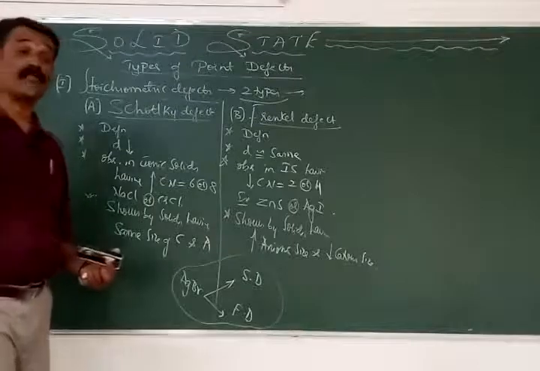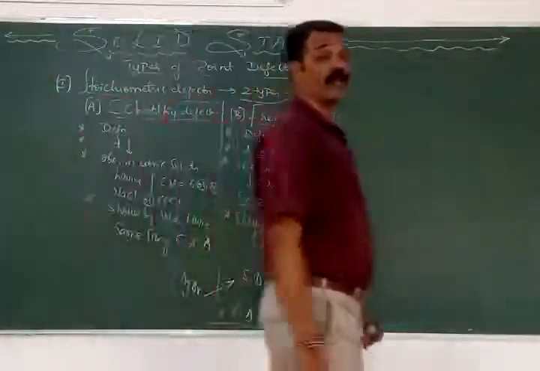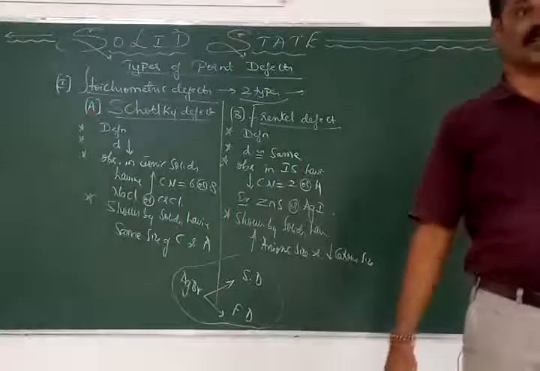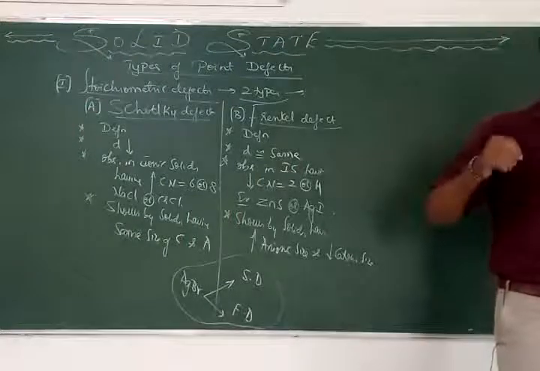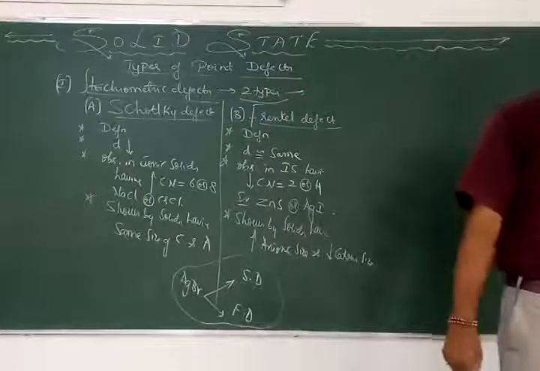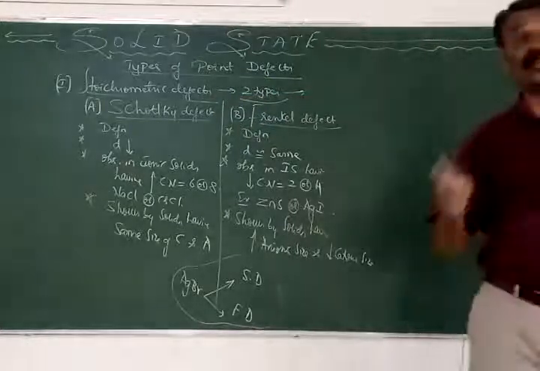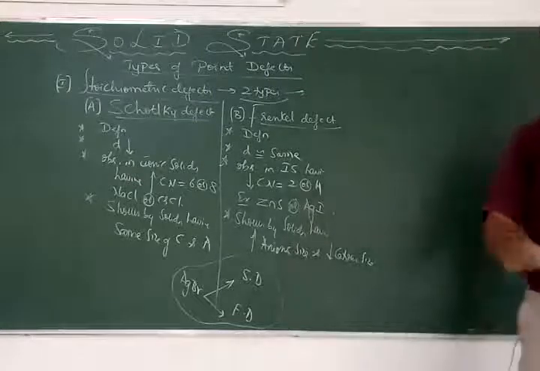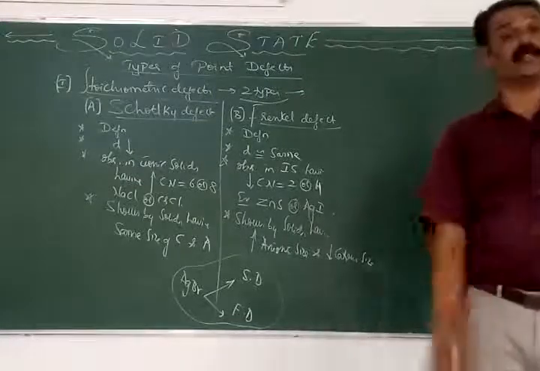So this is a stoichiometric defect. The stoichiometric defect is first broadly classified into two categories, the vacancy defect and the interstitial defect. The extension of the vacancy defect is called the Schottky defect, and the extension of the interstitial defect is called the Frenkel defect. These two are strictly applicable to ionic crystals.